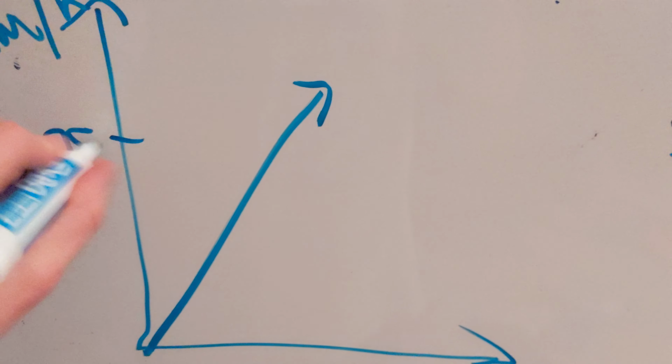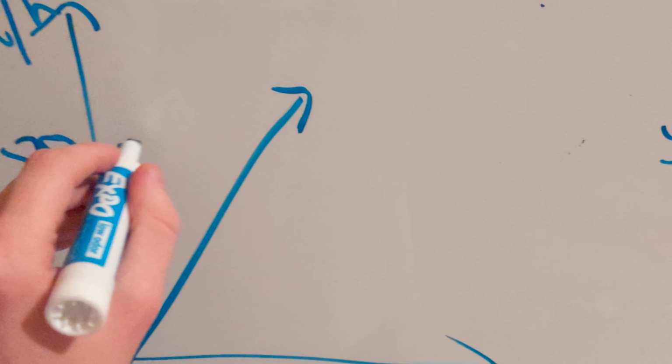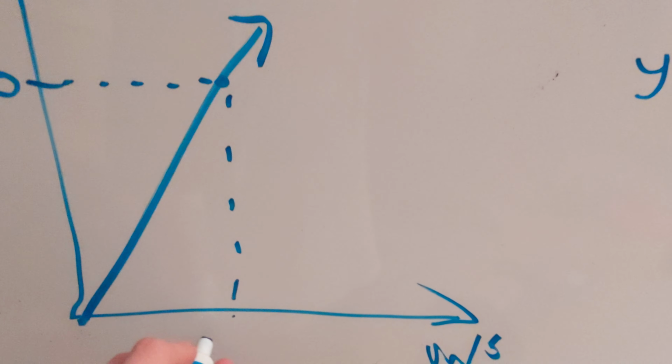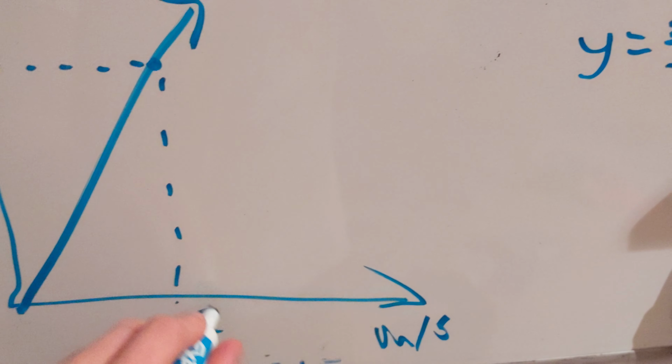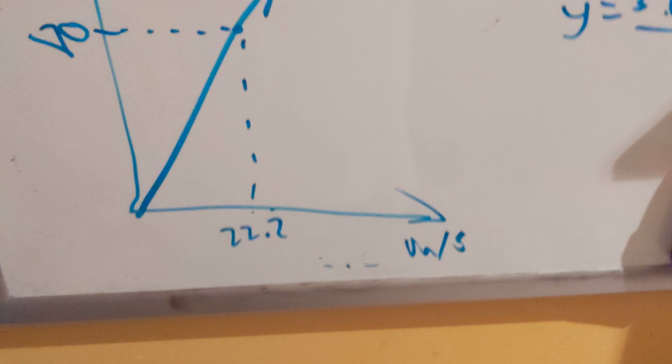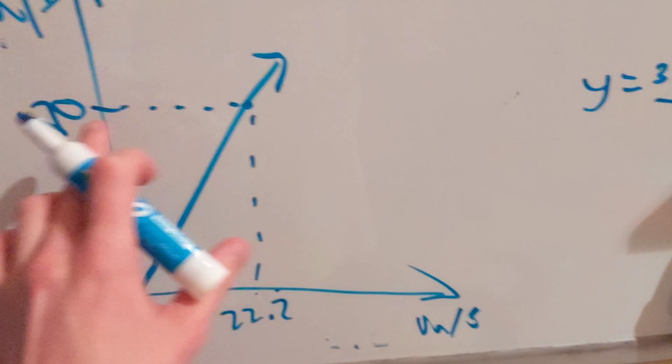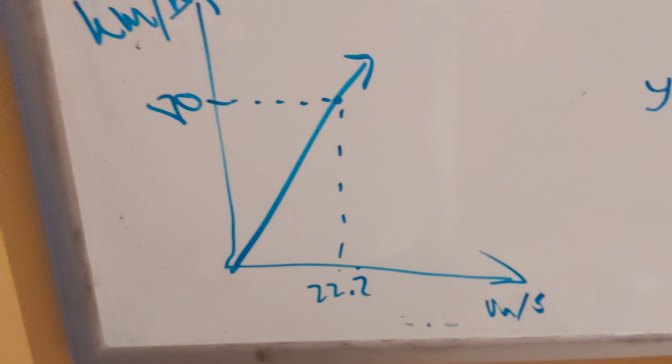And what you would have, if this was, say, 80 here, 80 kilometers per hour, if this came over to here at that point and then went down, this would be 22.2 repeater. Because 22.2 repeater meters per second has to be equal to 80 kilometers per hour.